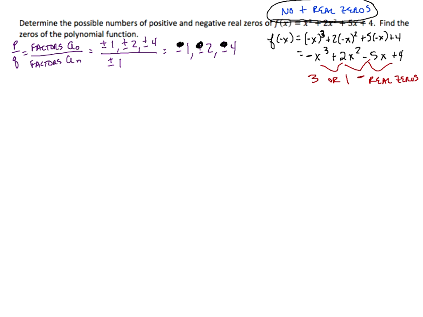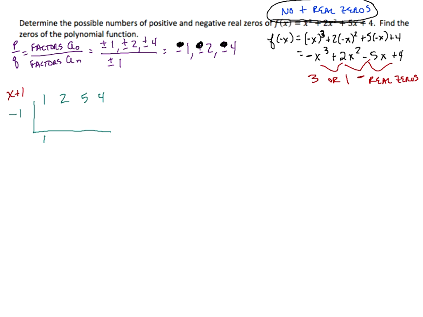All right, let's go ahead and begin the synthetic division process using the negative values for C. So we're first going to check for a factor of x plus 1, which means our C value is negative 1. My coefficients are 1, 2, 5, and 4.